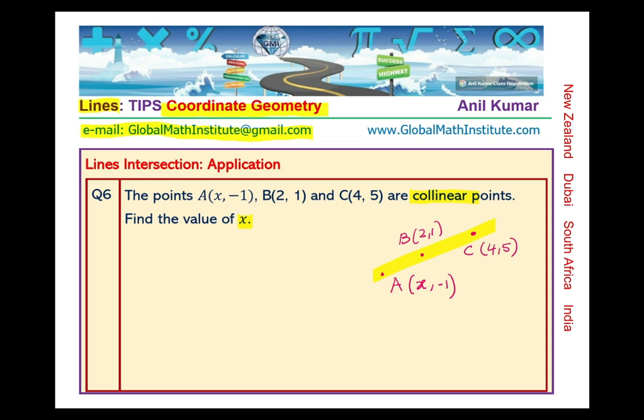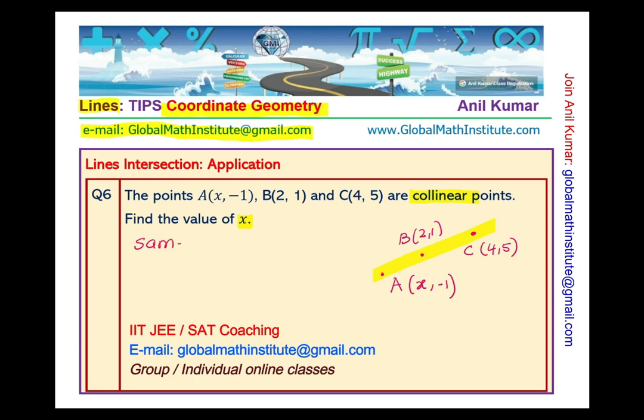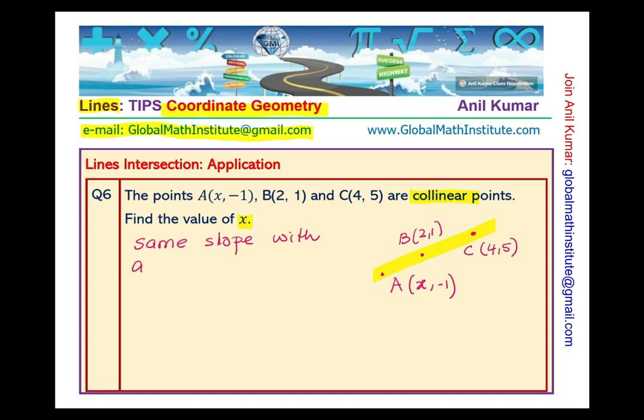One unknown, I need one equation. So collinear means same slope with a common point. Correct? Same slope with a common point. Since we need to find the value of x, we will take one of the common points as A, right?